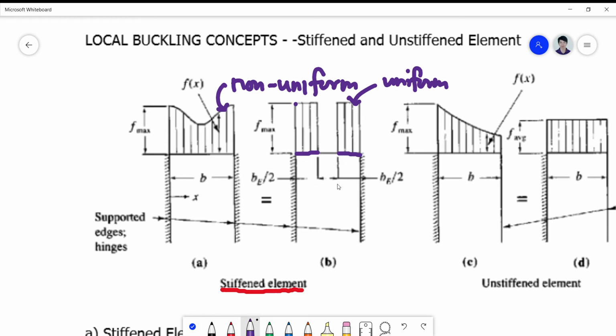So on both sides, the effective width is simply one half of the total effective width.